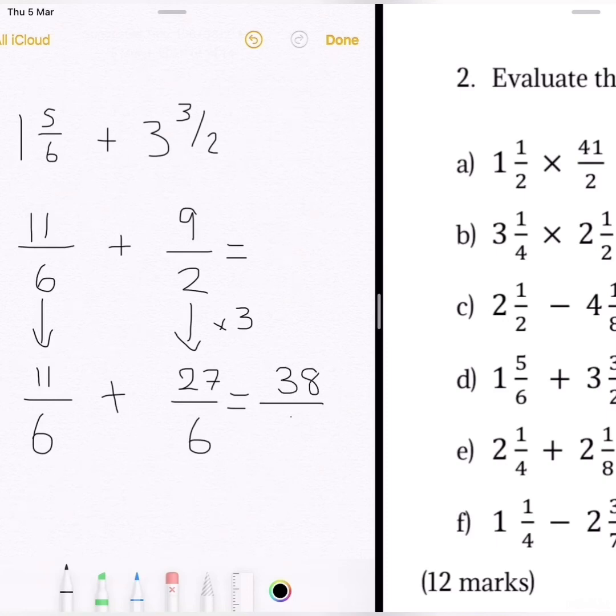And it's going to be over 6. And if we put that as a mixed number, well, there's 6 whole lots of 6 in 38. So it's going to be 6, and then there's 2 left over. But we can simplify that even further, because 2 6ths goes to 1/3.